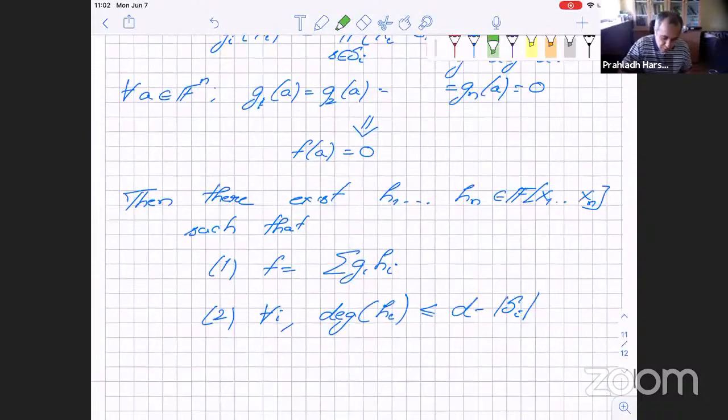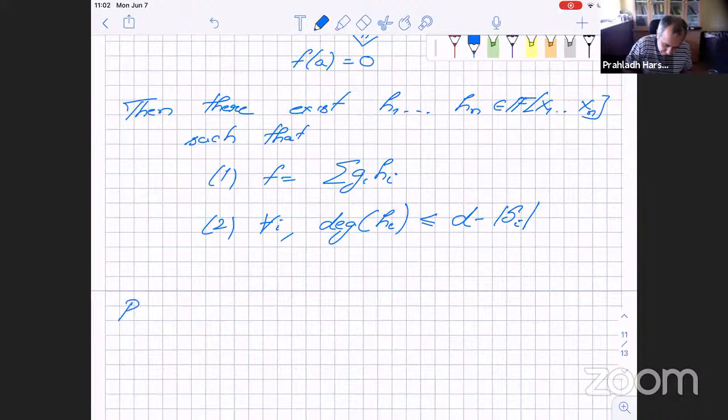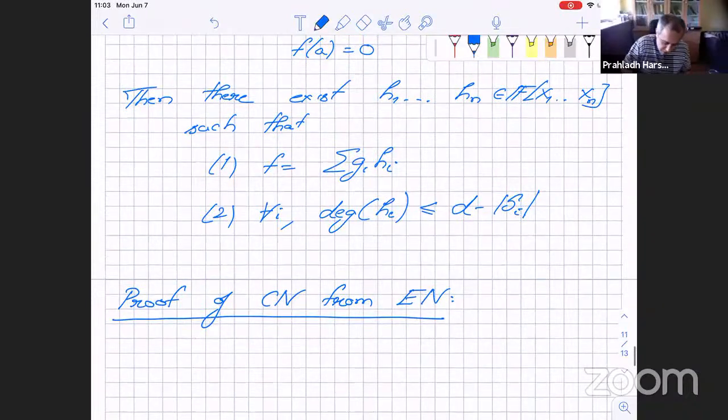Before we prove this, let's see a quick proof of the combinatorial Nullstellensatz from the easy Nullstellensatz. So we are given an f. We are told that the degree of f is d, which is t1 plus t2 plus tn.